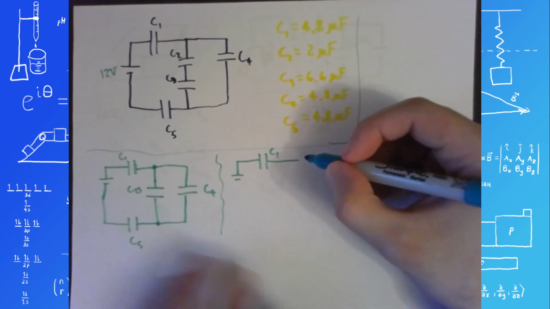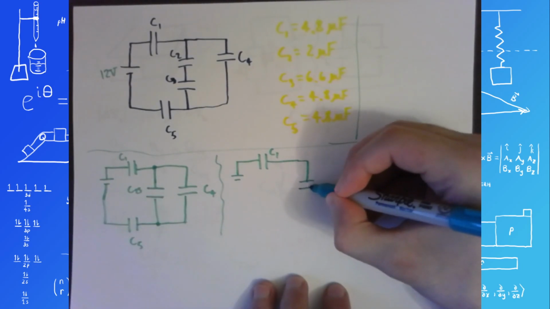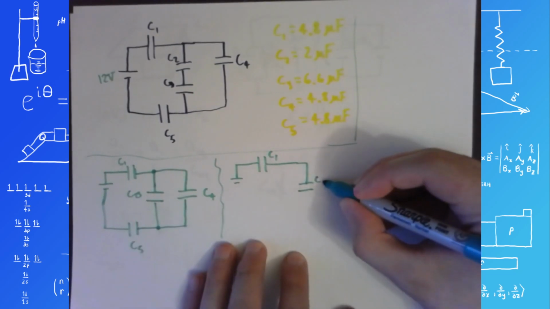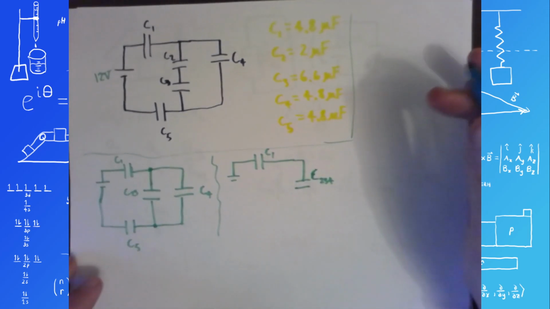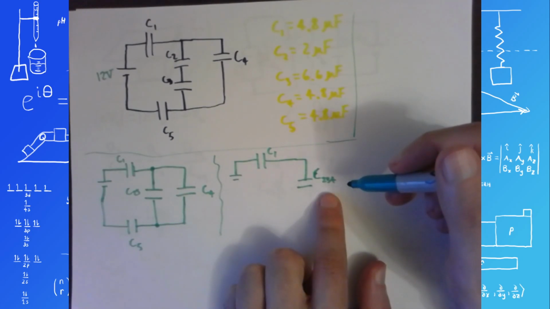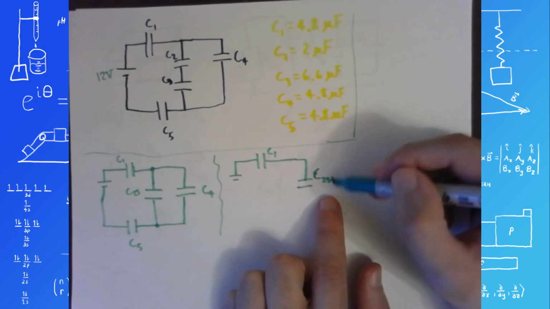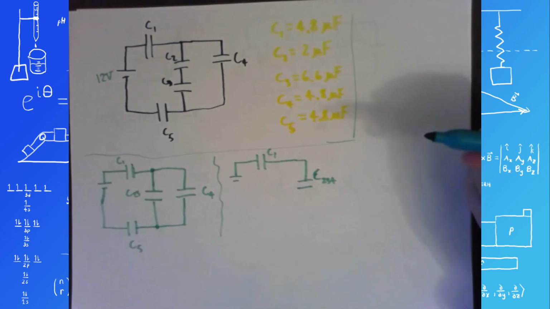So these two now close and essentially fold into this thing, which I'm going to call C, let's see, I combined 2, 3 with 4, so I'm going to call it C234. This notation is not very helpful when you have more than 9 capacitors, because once you start looking at numbers 10 and up, it becomes hard to tell apart something like a 10 or a 12 and a 1, 2.